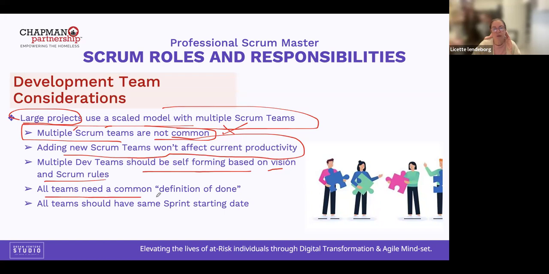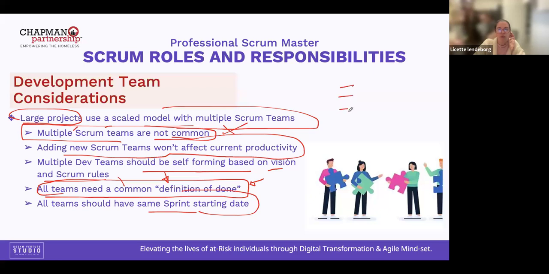All teams need a common definition of done. So in case you see this question in the exam, you know that all teams need a well understood, clear, and common definition of done if they're working on the same backlog. Keep that in mind. All teams should have the same sprint starting date. Oh my gosh, this is so important.